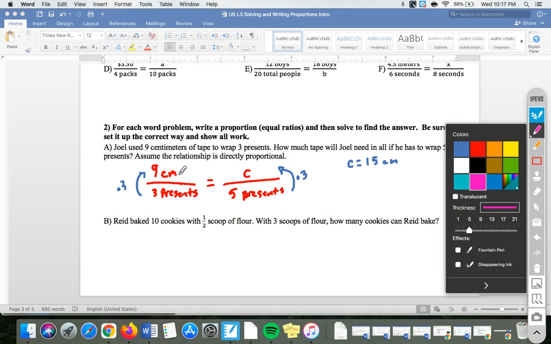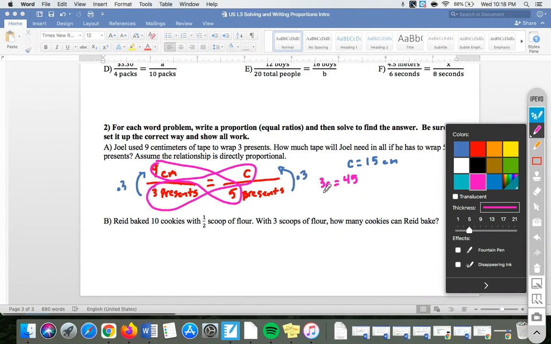I can also use cross multiplying. So again, I'm looking at 9 and 5 and 3 and C. Hopefully I didn't cover too much of that up. So 3 multiplied by C is going to be 3C. 9 multiplied by 5 is going to be 45.